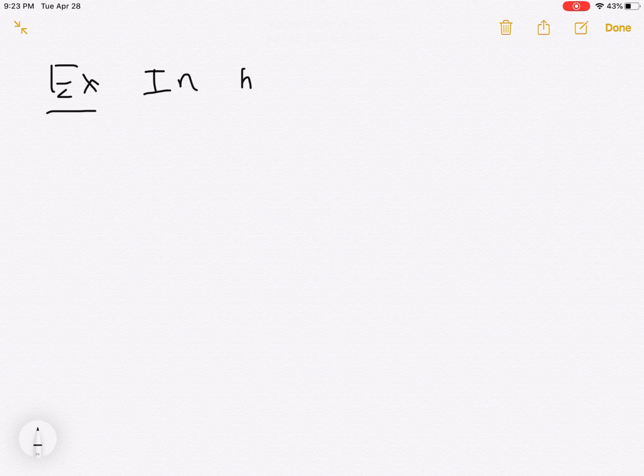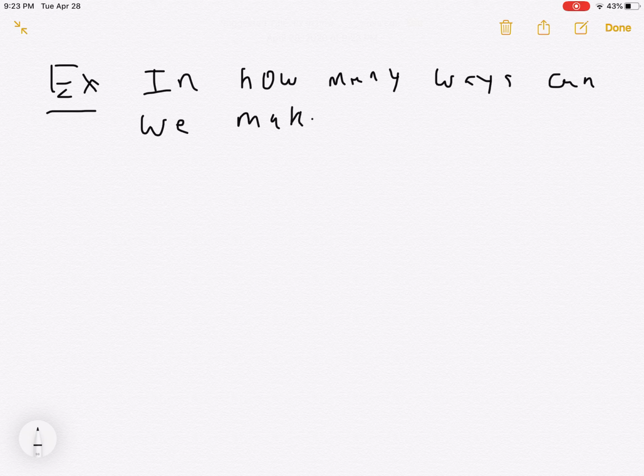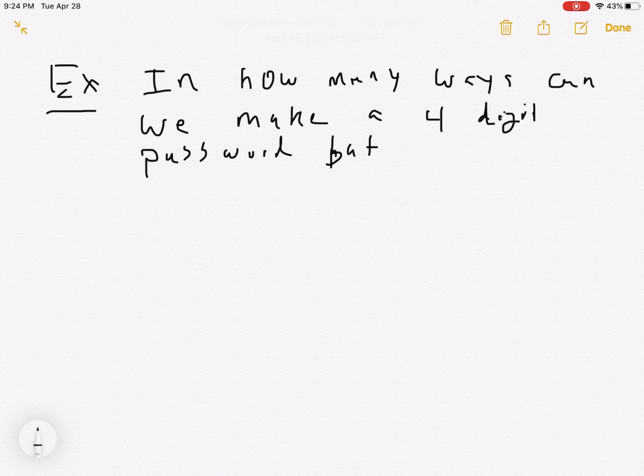In how many ways can we make a 4-digit password, but no digit can be repeated?